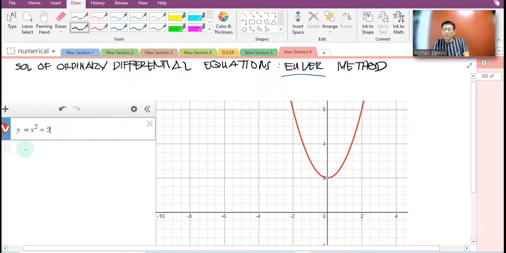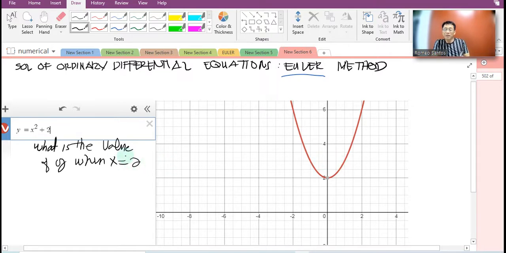Let us see. What is the value of y when x equals to, dito tayo sa 2. Alam na natin yung 1, di ba? So, yan.